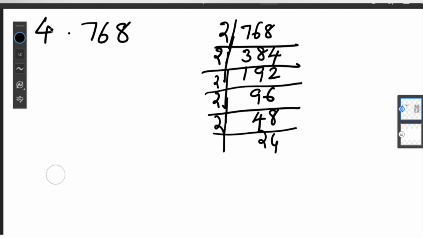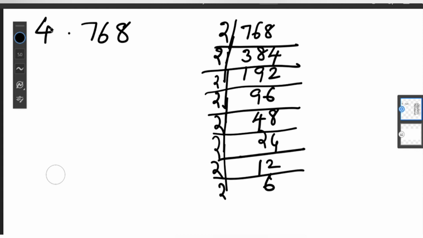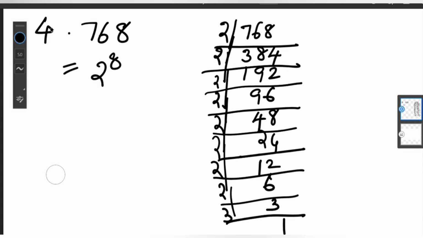Again 2, 9, 6. 2 means 4 times. 16 means 8 times. 2, 24, 2, 12. Again 2, 6. Again 2, 3, 3 and 1.